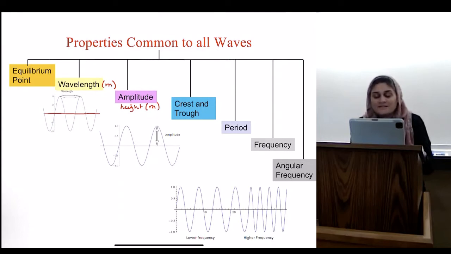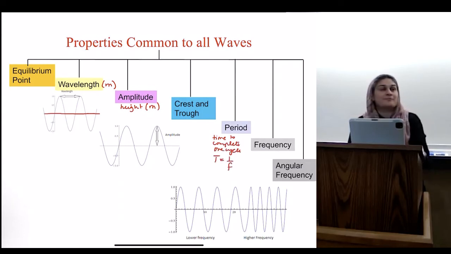Period is the time it takes to complete one cycle. A period is 1 over frequency. That is the definition of a period. Frequency is how often something happens, how often a wave happens.